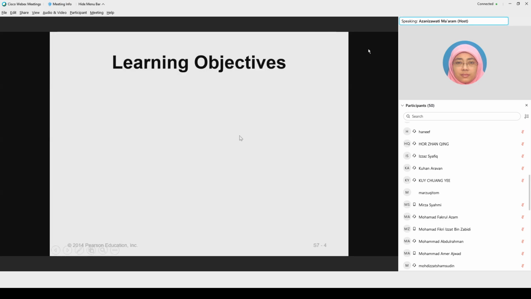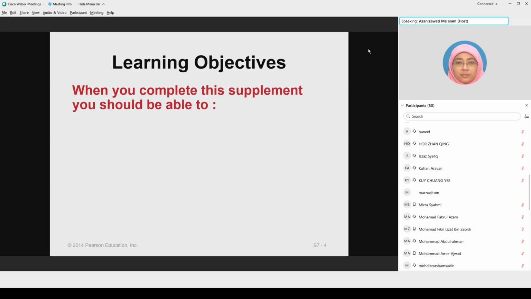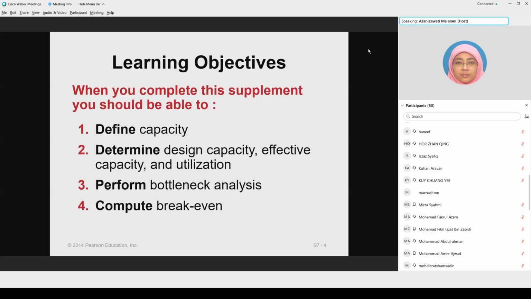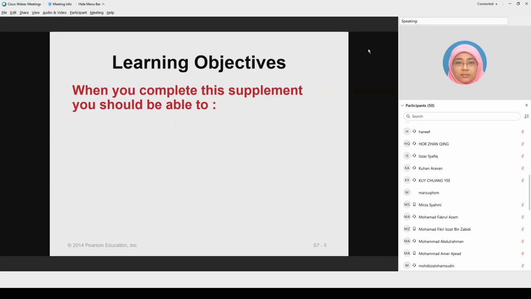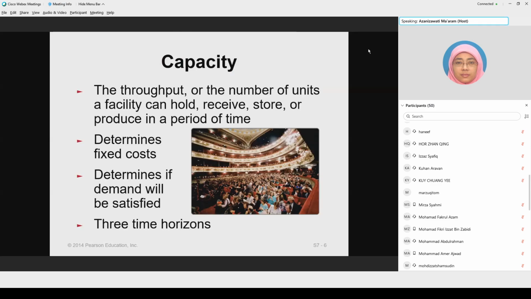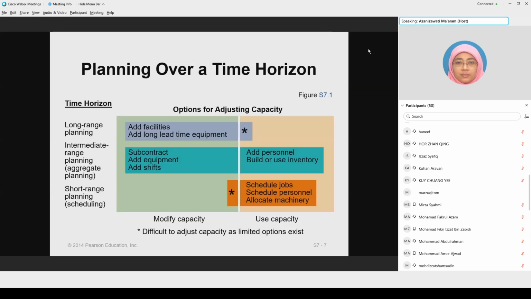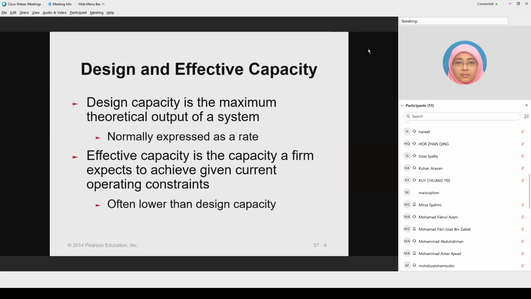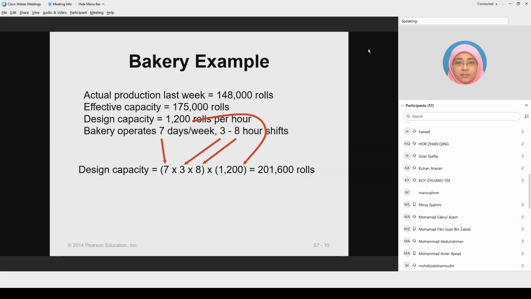Capacity kita dah start. Design capacity dah cover belum? Sampai bottleneck, Doktor. Bottleneck, pengiraan bottleneck dah kira kan?